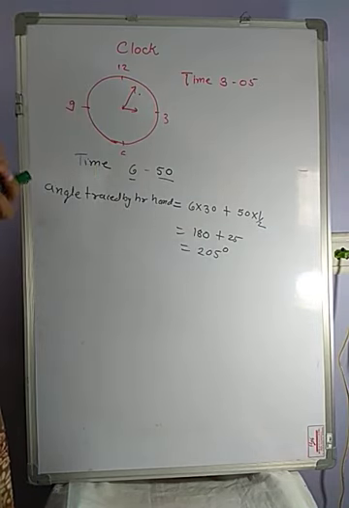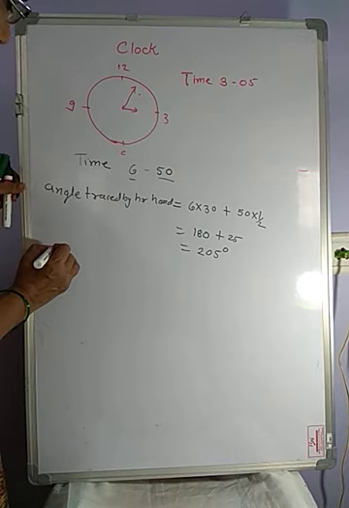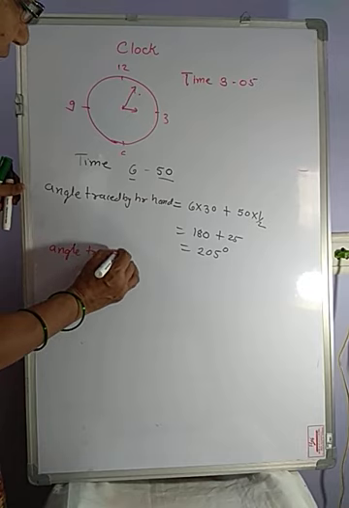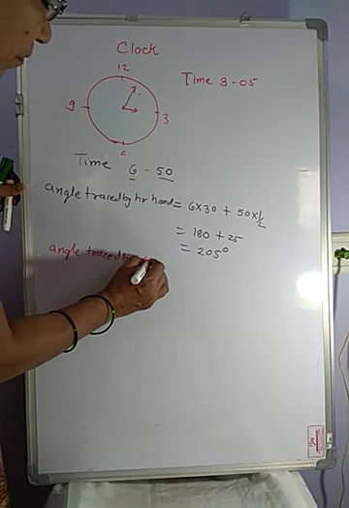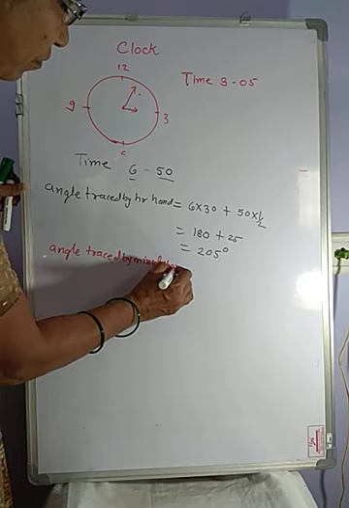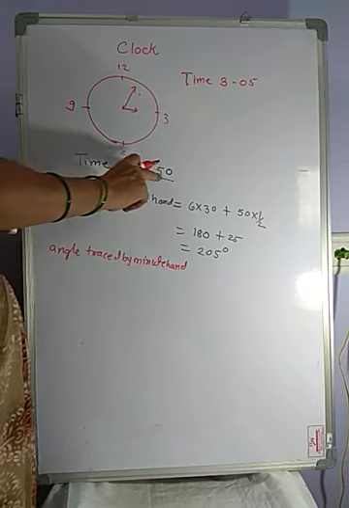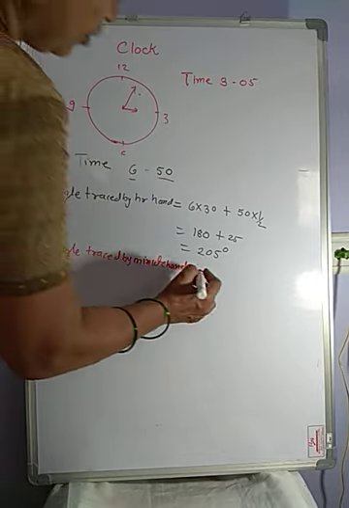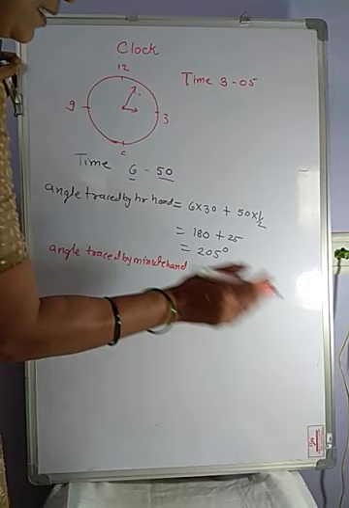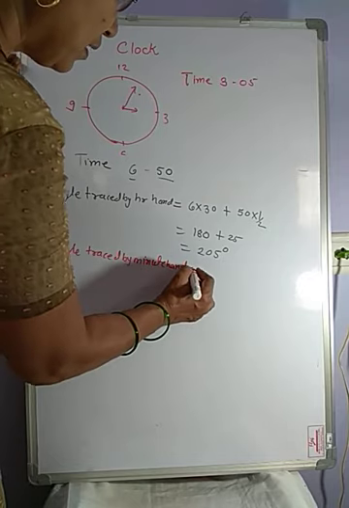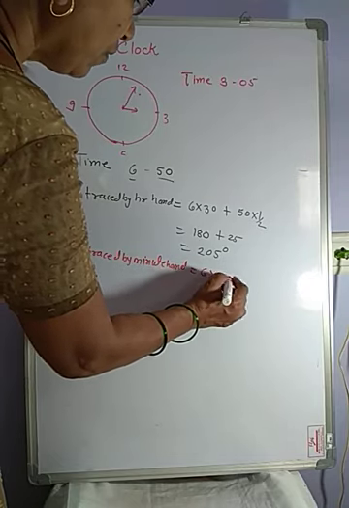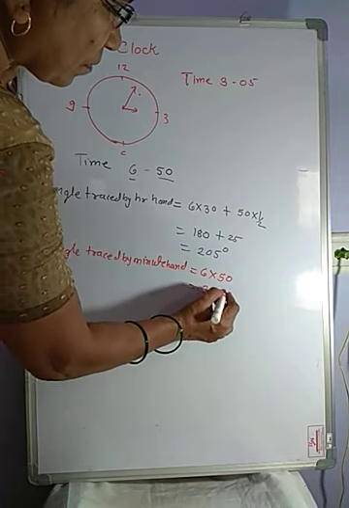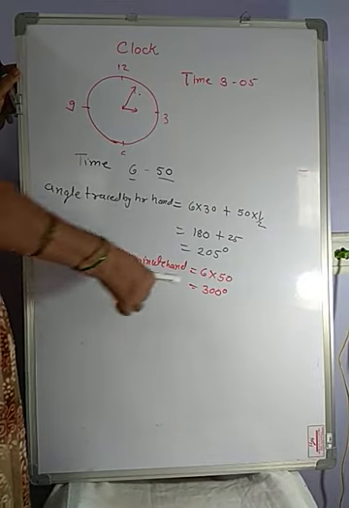Now the angle traced by the minute hand. It has traced 50 minutes after coming to 12. So 50 minutes, its speed is 6 degree per minute, that is equal to 6 into 50. What is it? 300. Which one is bigger? 300 is bigger.